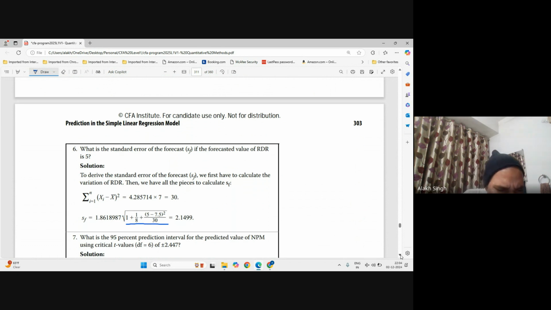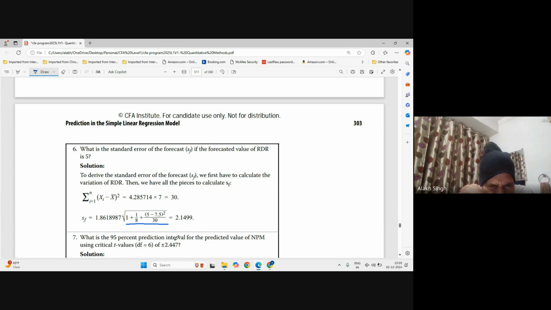Now question number 7: the 95% confidence interval. The critical t value is 2.447, so you will do it very easily, no? You multiply 2.447 by this 2.14. We had predicted 10, no doubt, but the 95% confidence interval will use this critical t value, 2.447, and the standard error is about 2.